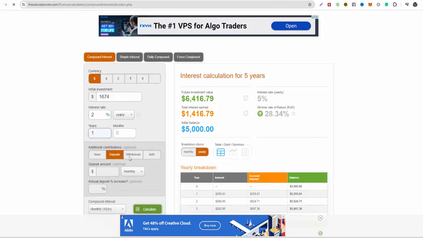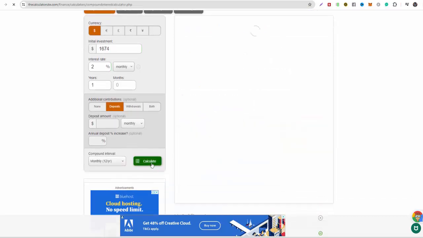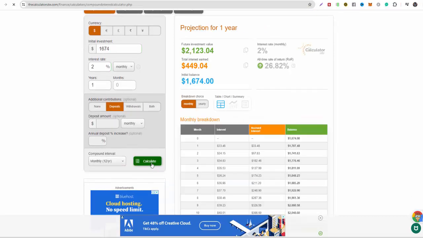So 2% monthly, and I did 1 year, and if I calculate what would be my return on investment, my return on investment should be $449, because it's a short time.